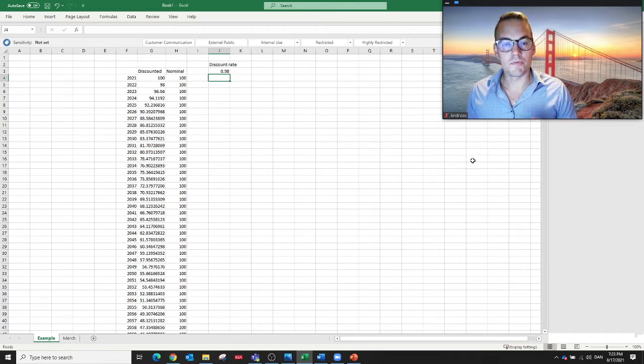Alright, so I've put some data here in Excel, and what I've done is I've written the year in this part of the Excel, so 2021 starting with, and then the number 100 here representing $100. And what I've done here is that I made a very simple formula, taking the cell above here and multiplying it by 0.98, representing a discount rate of 2%.